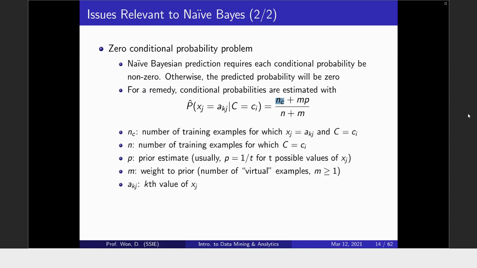For example, if we have three different values, then each one is 1 divided by 3. So we make some artificial value and some small value in the denominator. Then we might have a non-zero conditional probability in certain situations. So it's a kind of trick to have non-zero values when we have a zero probability value.